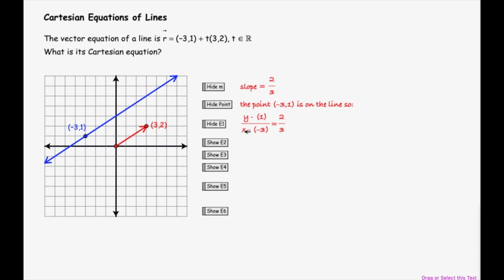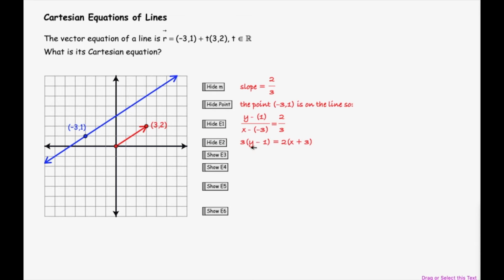This is any point on the line. So if I want to find the slope of this particular line, I just find delta y between a general point on the line and a known point on the line. Our known point on the line has y coordinate 1 and x coordinate -3. So y minus 1 divided by x take away -3 should always give me the slope back. That's where point-slope form comes from.